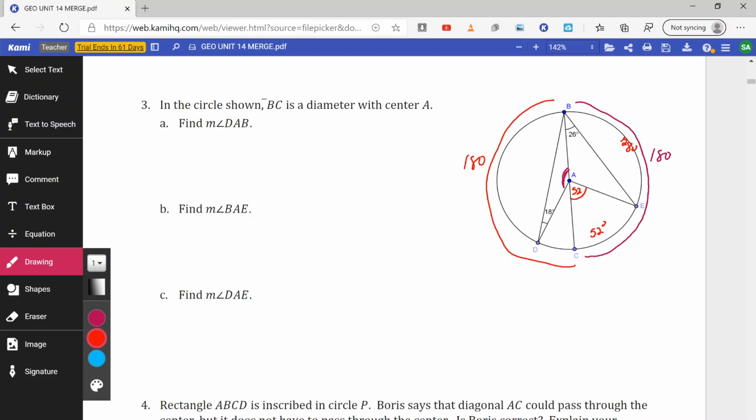So arc BE is 128 degrees. And again, we have central angle BAE. Central angles also have the same measure as the intercepted arc. So central angle A is going to be 128 degrees.